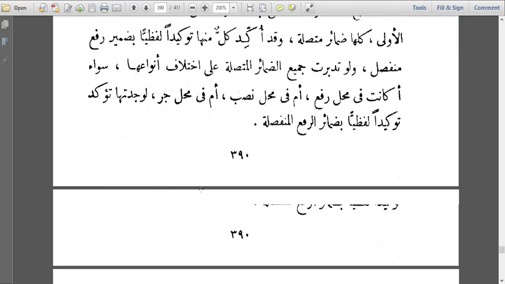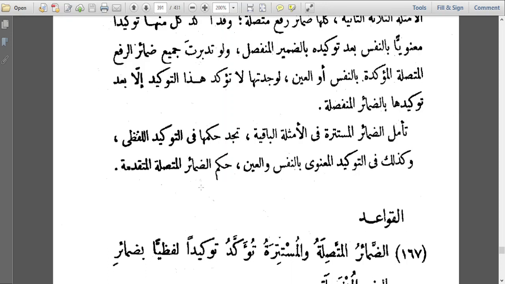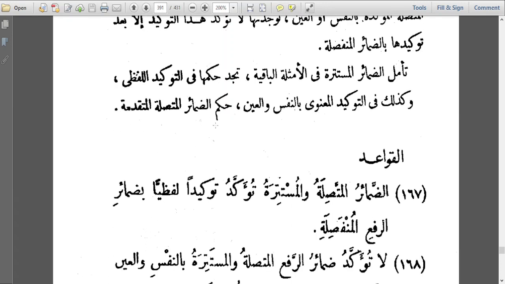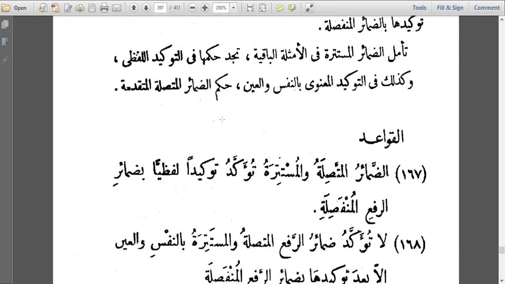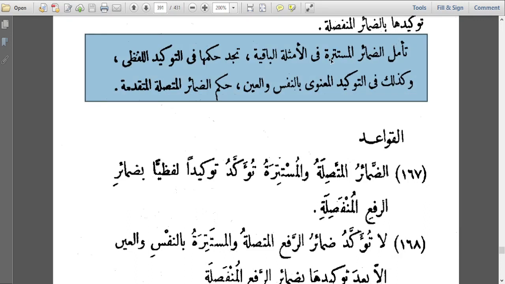When you are emphasizing ضمير الرفع المتصل, even when it is ضمير الرفع المستتر, you have to have brought the توكيد, as this is what he says here, this line. تأمل الضمائر المستترة في الأمثلة الباقية. Look at the ضمائر مستترة in the other examples.